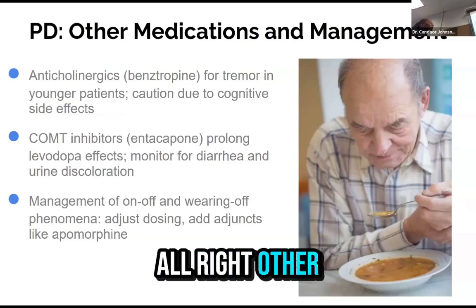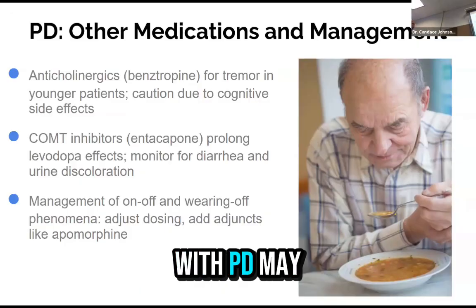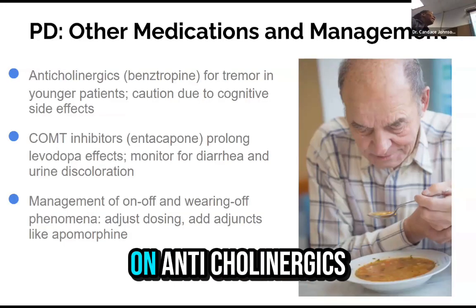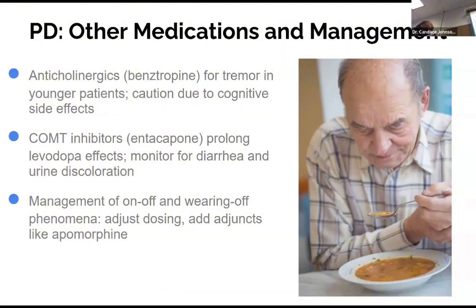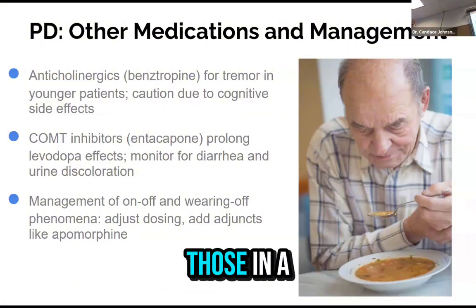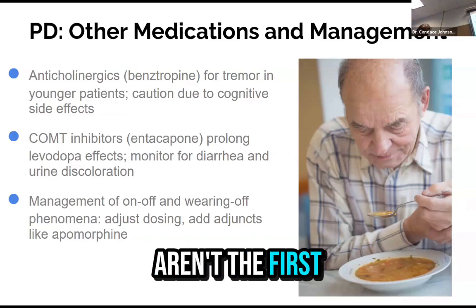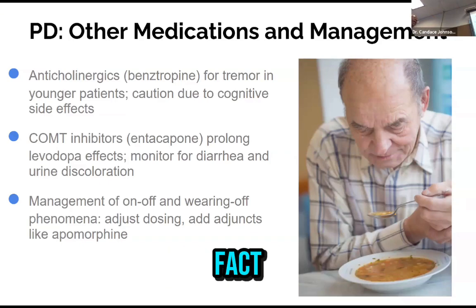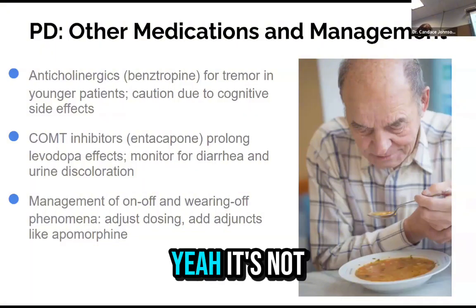All right, other medications the patient with PD may take. A Parkinson's patient may also be on anticholinergics for tremor. Anticholinergics, we're going to talk more about those in a minute, aren't the first line treatment for Parkinson's disease. As a matter of fact, it's not.